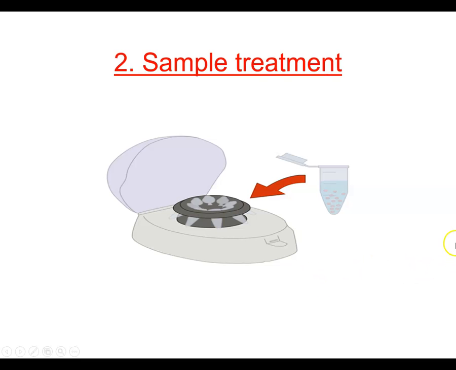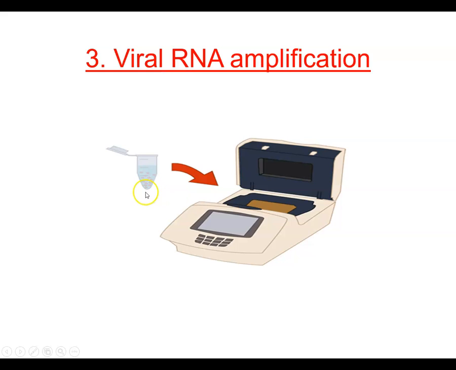After treatment and purifying the virus genomic RNA, the next step is to put this sample into a machine called the polymerase chain reaction machine, and the machine can amplify the virus genomic RNA many times, because the original sample only contains very few copies.